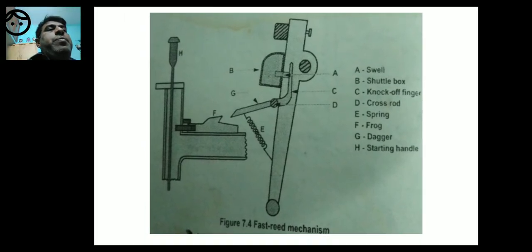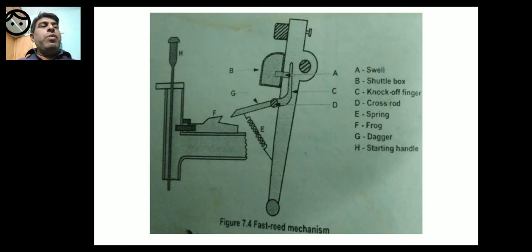A is the swell, B is the shuttle box, C is the knock-off finger, D is the cross rod, E is the spring, F is the frog, G is the dagger, H is the starting handle. It is similar to the loose reed mechanism, but the reed is held firmly here.